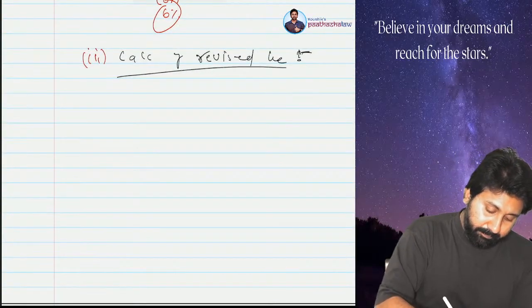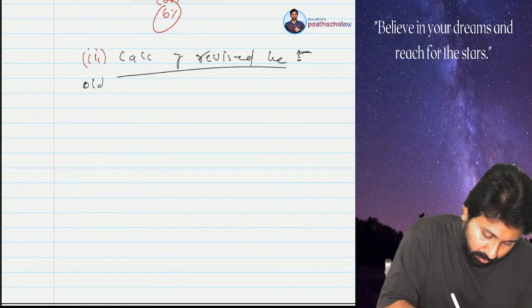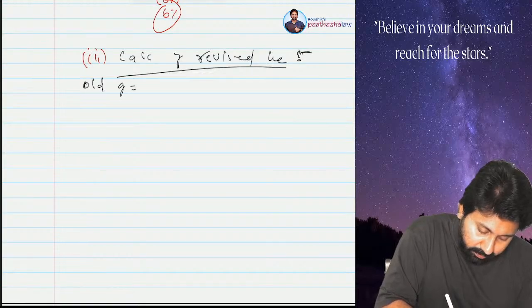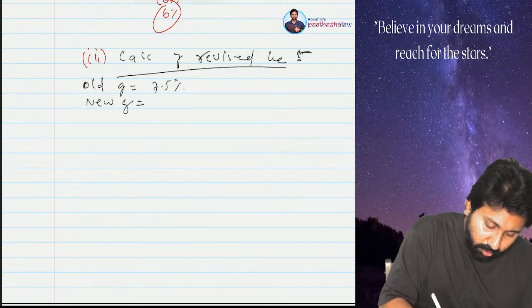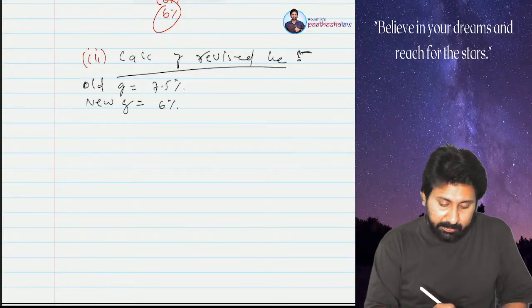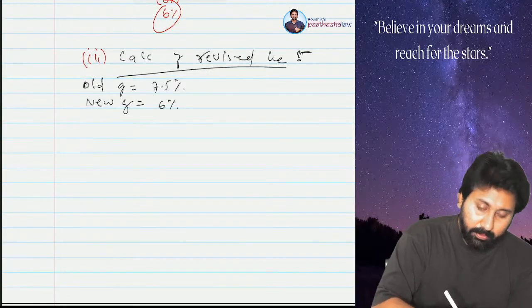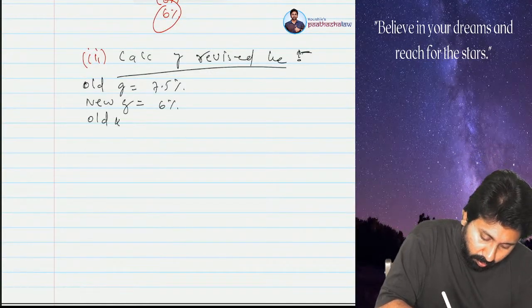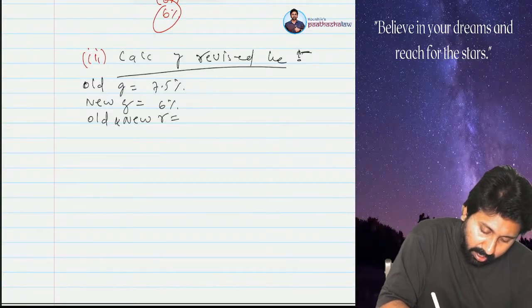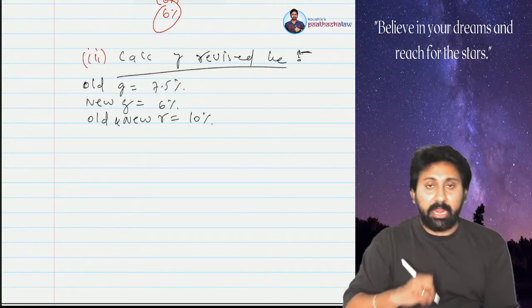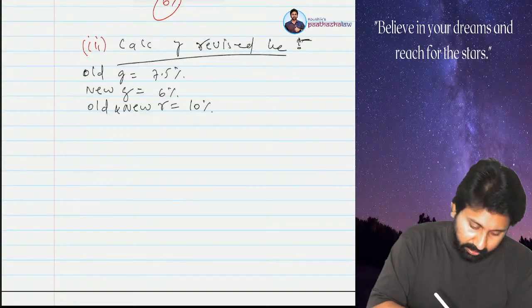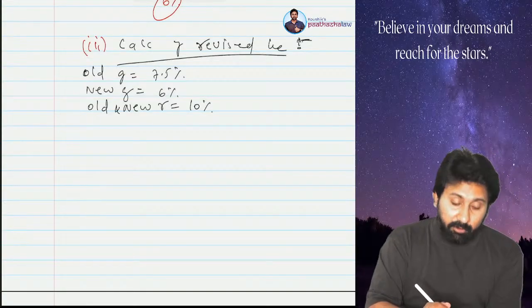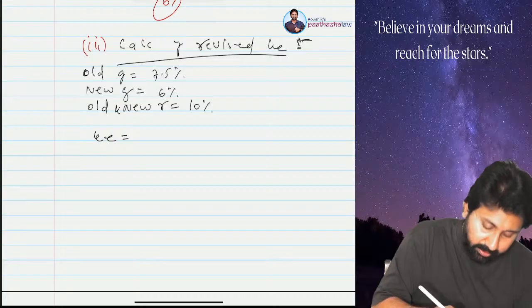First, old growth 7.5. New growth 6%. Okay. Old and new R are 10%. Okay, calculated. Now we want new KE.